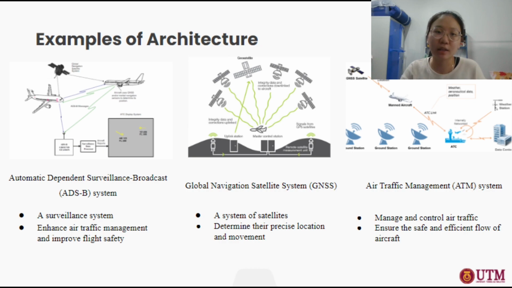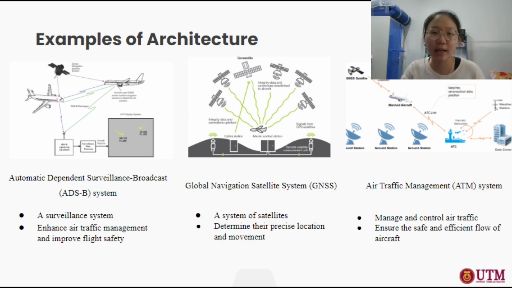The Global Navigation Satellite System (GNSS) is a system of satellites that provides precise positioning and timing information to users on the ground, in the air, and at sea. It is used to provide precise navigation information to aircraft, allowing them to fly more effectively. Air Traffic Management (ATM) is a system used to manage and control air traffic in order to ensure the safe and efficient flow of aircraft.